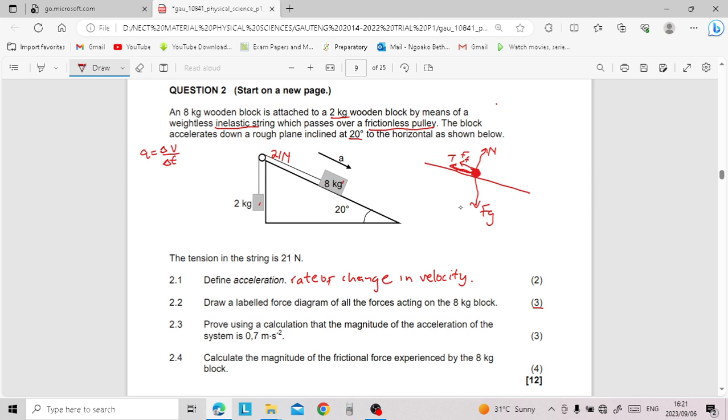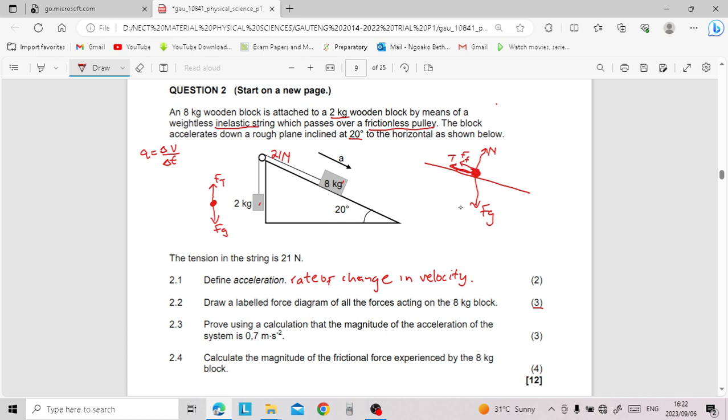So let's draw a free body diagram for the 2 kilogram block. We're going to have the tension, F tension, and then F G.